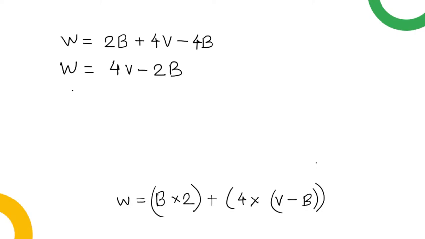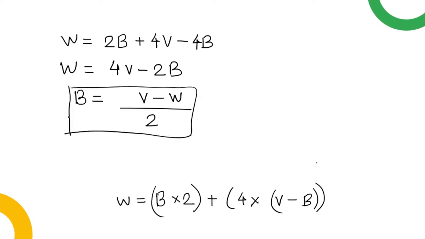So I can write B, that is the number of bikes, is equal to 4V minus W divided by 2. This is what we have got: number of bikes is equal to 4 into the number of vehicles, that is total vehicles, minus wheels, divided by 2. This is what we have got.